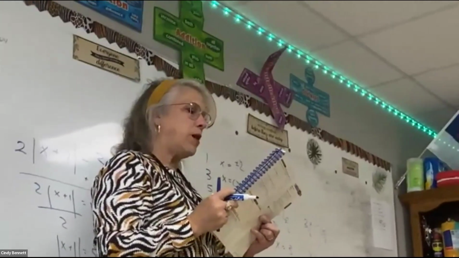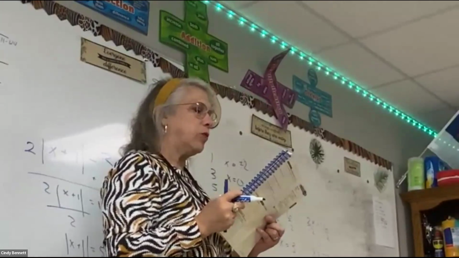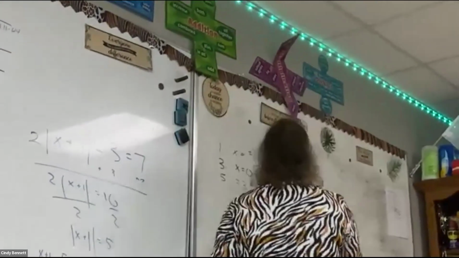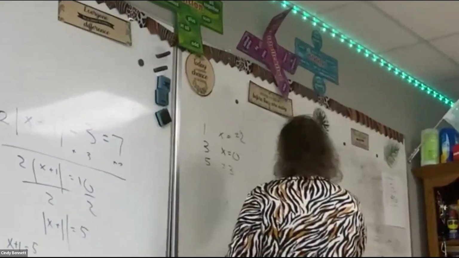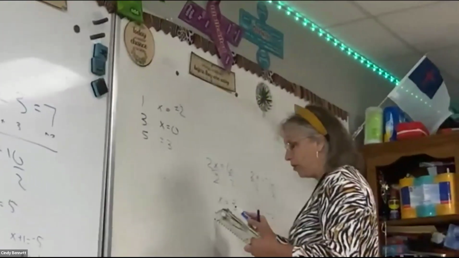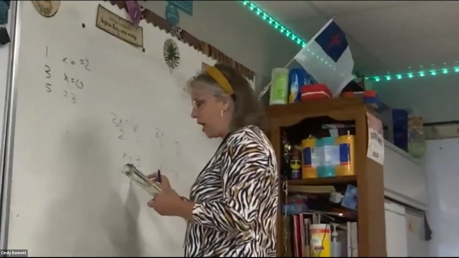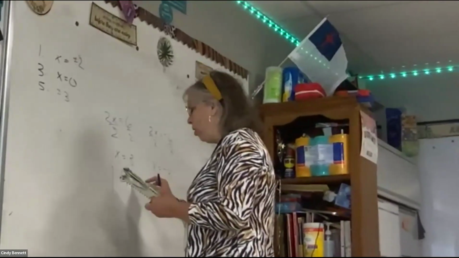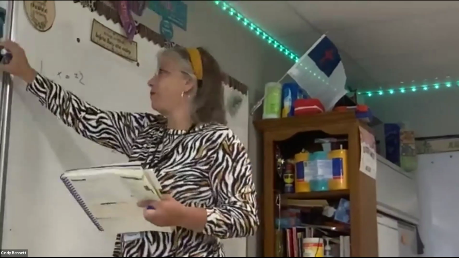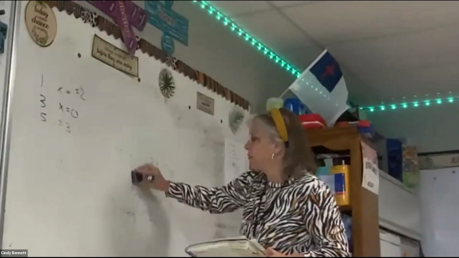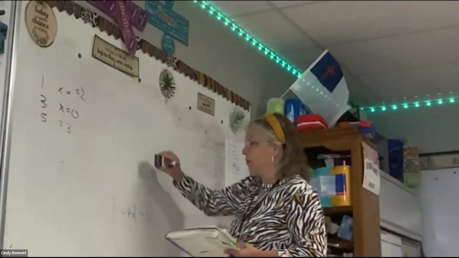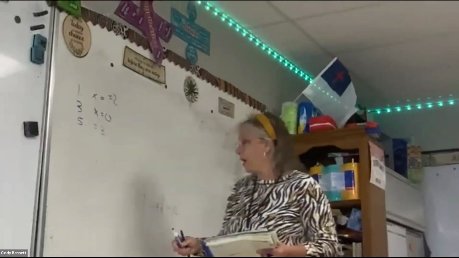Now we're going to do number 9. What are my 2 equations I'm going to write out for number 9? You skipped 7. Oh, 7. Okay, let's do 7. Absolute value of -4x equals... negative.